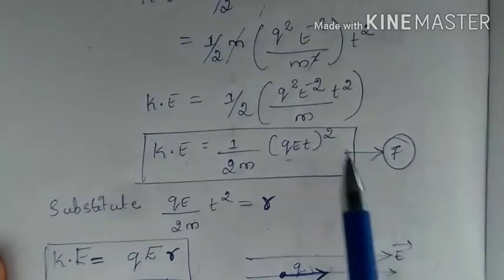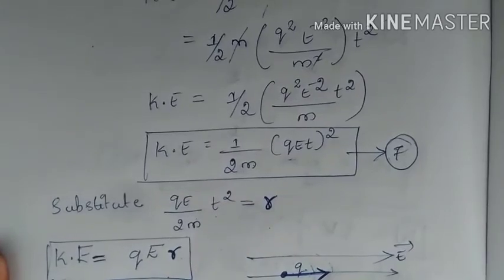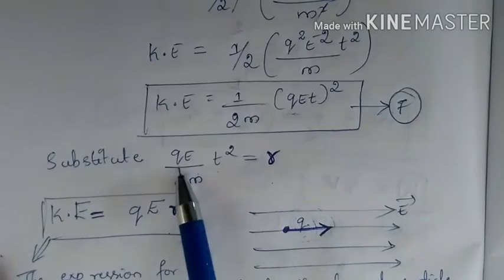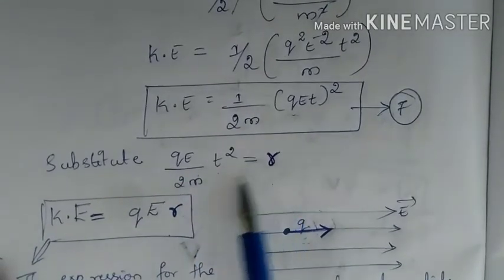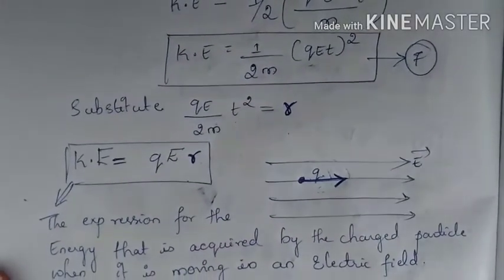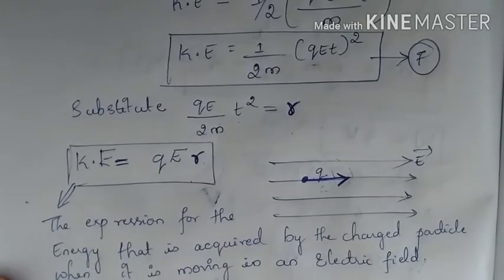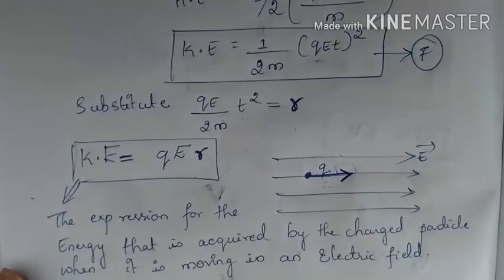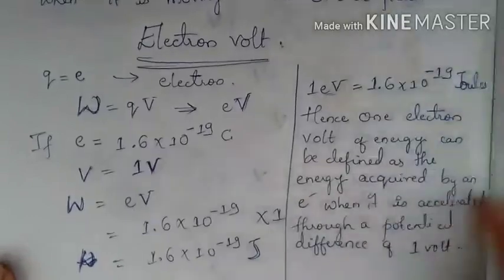So if you know all the terms in this, you can use this equation directly to solve the problems, or if you are comfortable substituting QE by 2m t^2 as R, then you can use this expression while solving the problems. So this is the expression for the energy that is acquired by the charged particle when it is moving in an electric field. So here is the electron volt concept.